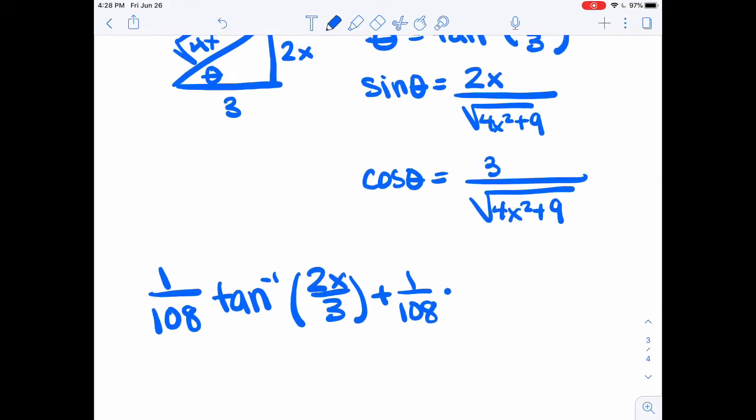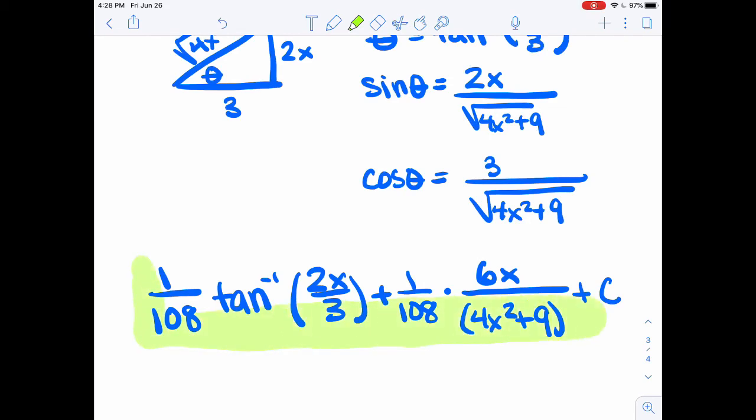So if I multiply this sine and cosine together, I have 6x over 4x squared plus 9, plus our constant of integration. We could simplify the fraction 6 over 108, but I don't see the need. We can just leave it like that.